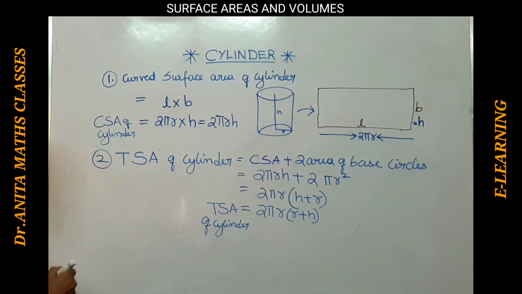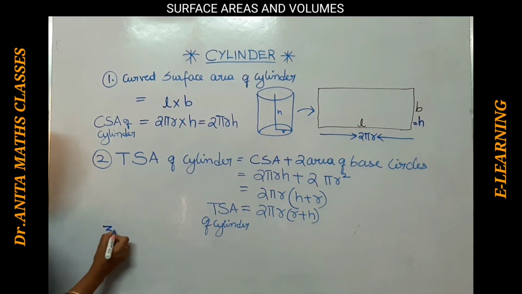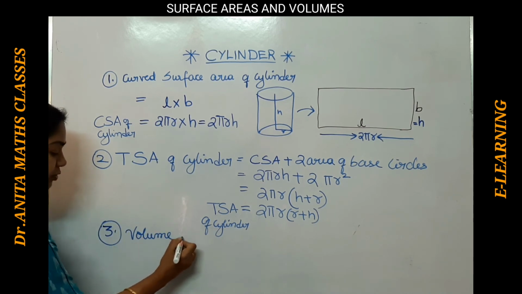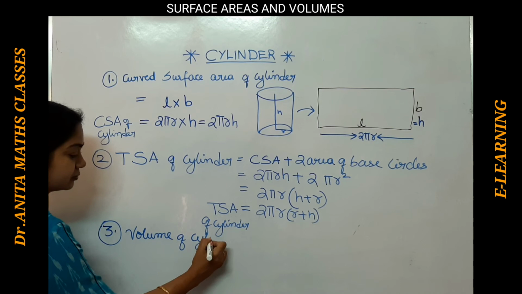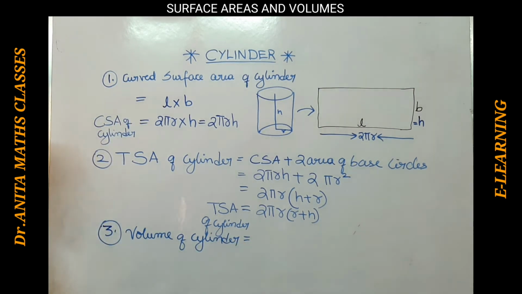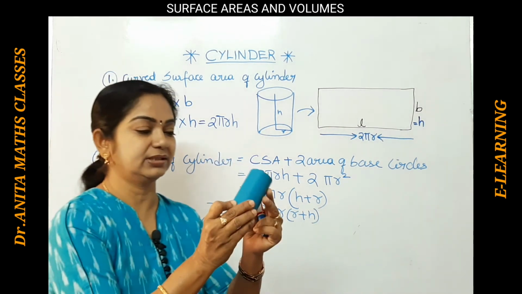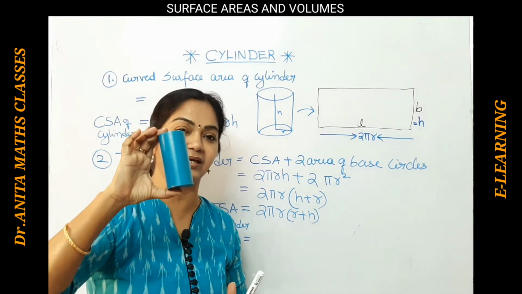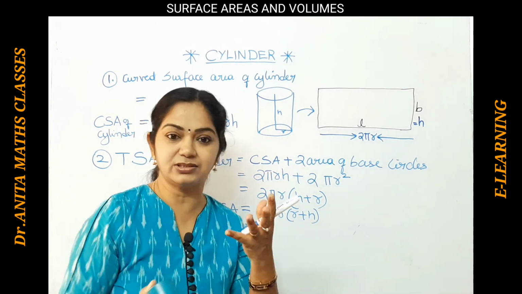And now the third one we have to find is the volume of the cylinder. The concept of volume is nothing but, here, volume means how much wood. This is a wooden cylinder, isn't it? How much wood it has taken to form this cylinder, that is called the volume.